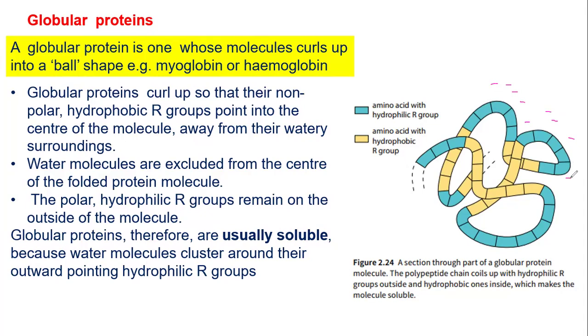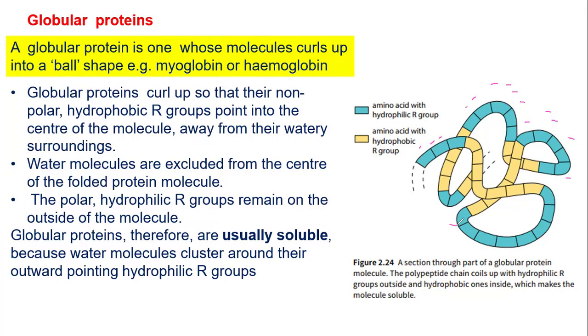So the amino acids in a globular protein are arranged in a way that the hydrophilic amino acids are found on the outside, whereas the hydrophobic ones are on the inside. The hydrophilic ones will make the molecule soluble, because the water molecules will get attracted to them.